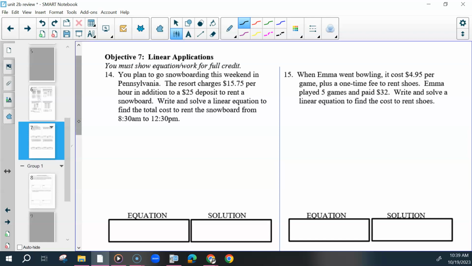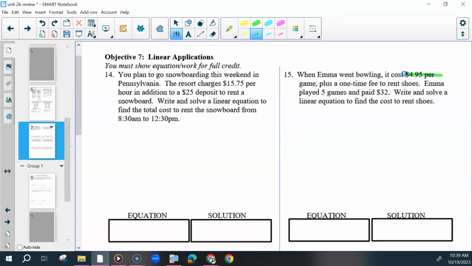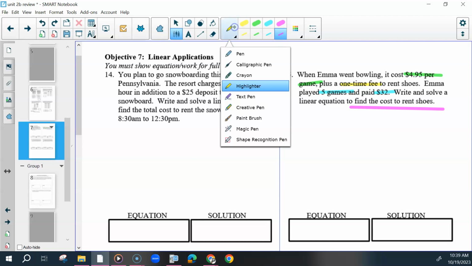So when Emma went bowling, it cost $4.95 per game plus a one-time fee to rent shoes. She played 5 games and paid $32. We have to write and solve a linear equation to find the cost to rent shoes.